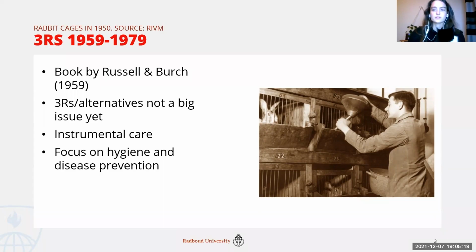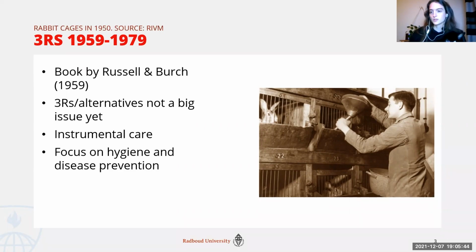I think now everyone that works in animal experimentation is familiar with the 3 R's, and students learn about them during their training. But when they were first introduced, it actually took about 20 years before they caught on and became widely popular.